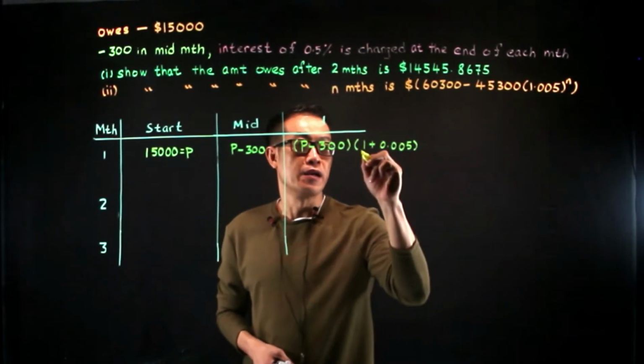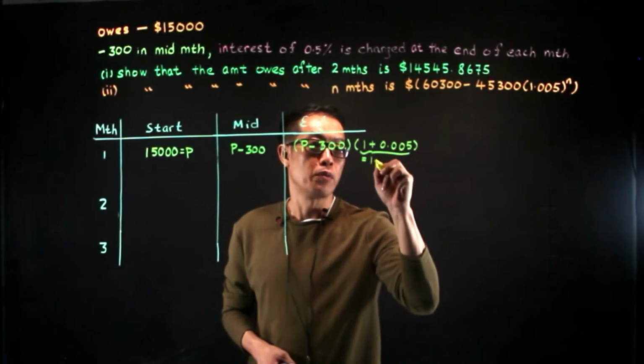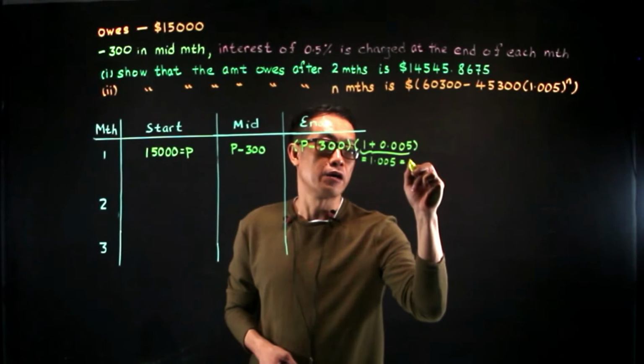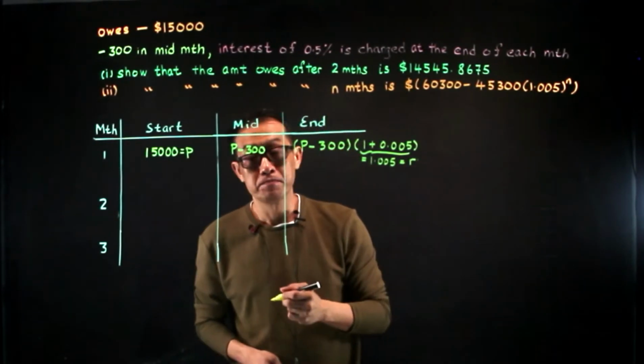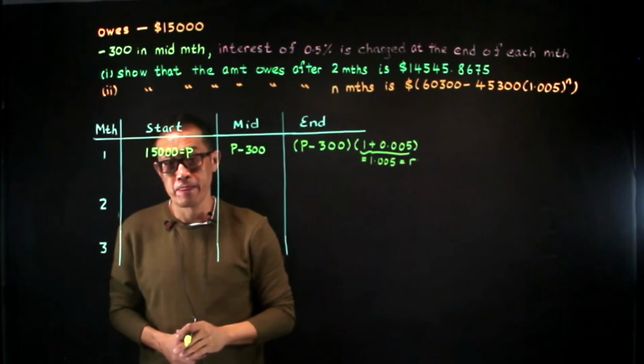Let's call this 1.005, and let's call this R. Now that is for the first month.